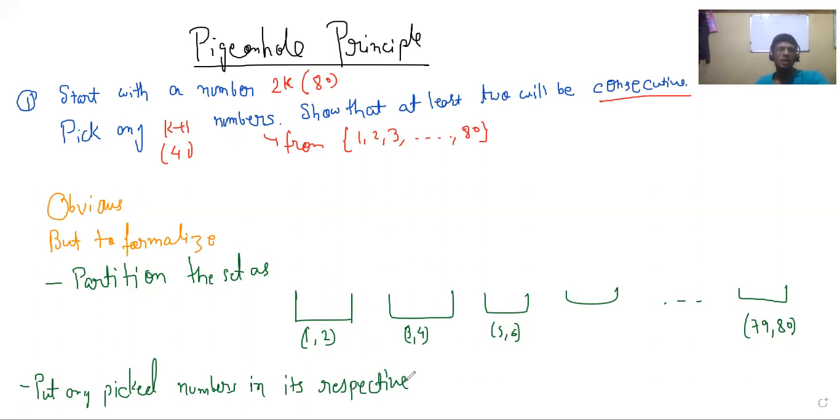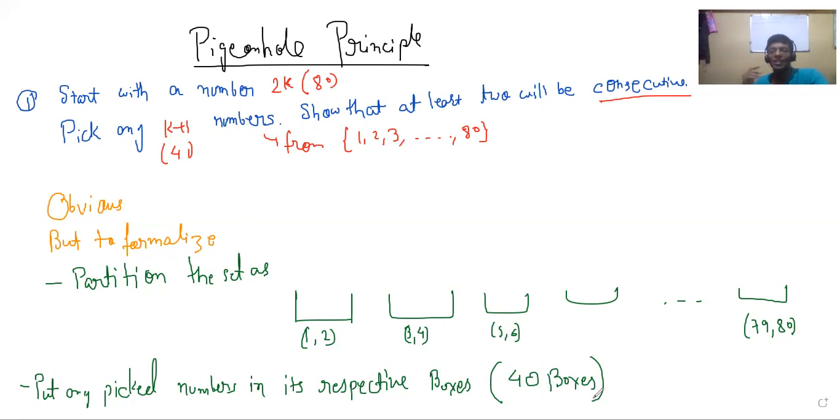How many boxes do we have? 40 boxes, right? Because we only have 40 boxes and we have 41 numbers. So this obvious statement we are ready to agree.